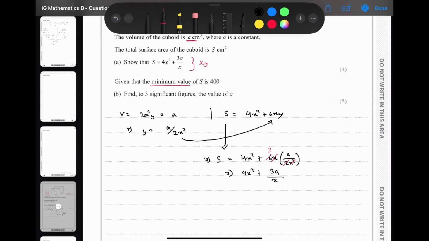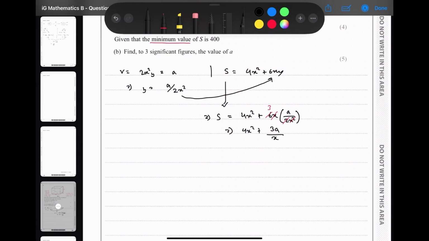And we should know that at minimum of an expression, its derivative is always equal to 0. So now we will differentiate the equation of S. After getting this differentiated equation, we will set it to 0 to get the value of x at minimum.